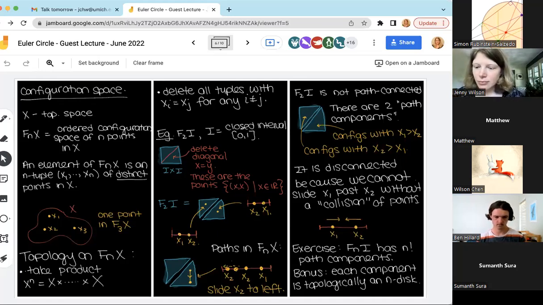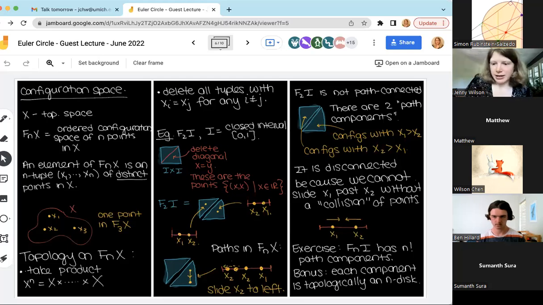Oh, the next question is, how do you find a good approximation of putting X into the ordered configuration space? I'm not totally sure, so the word approximation could mean different things in this context, but in general, this is closely related.